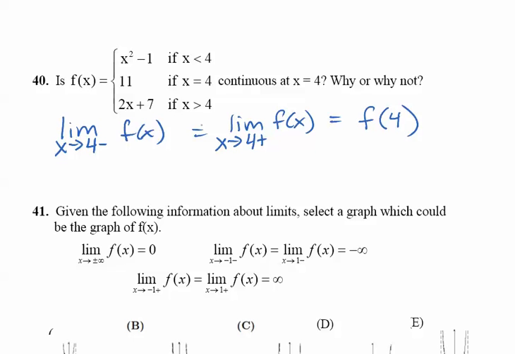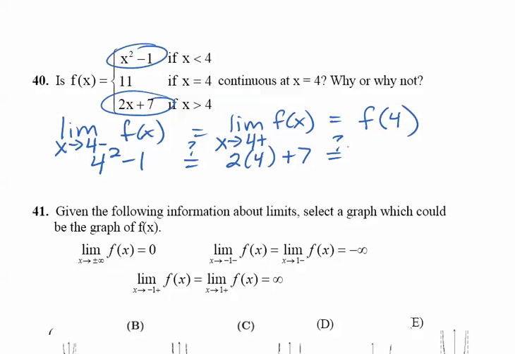So we want to check this out. When x is smaller than 4, we would use this x squared minus 1, but now remember that we're putting 4 in there. Is that equal to, if we put 4 in from the right side, our 2 times 4 plus 7, and is that equal to what we get by direct substitution of 4, which would be that middle point of 11?